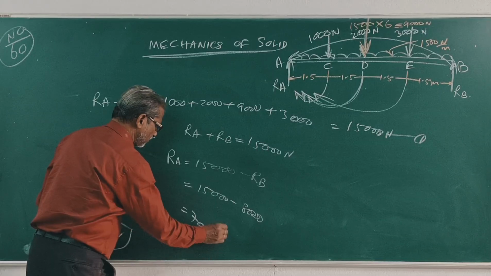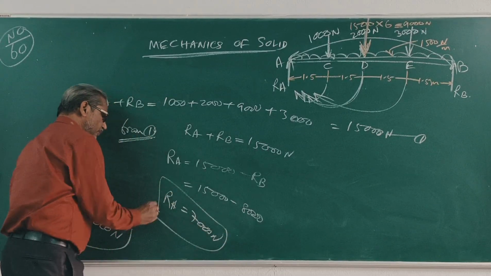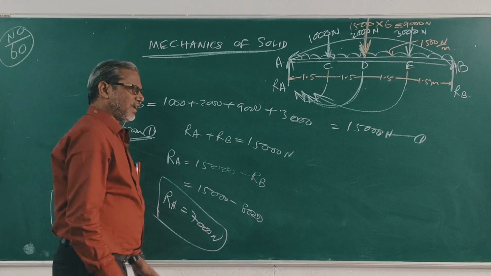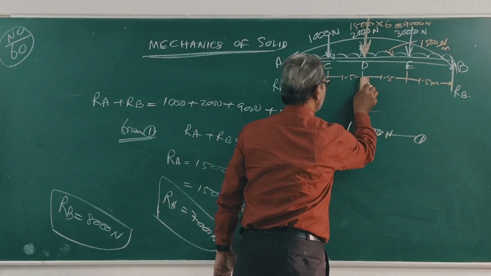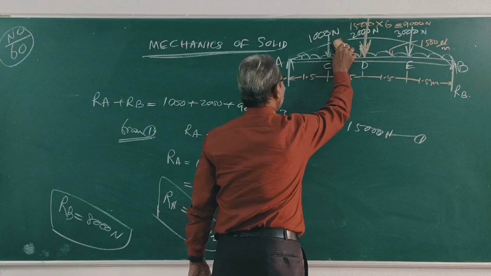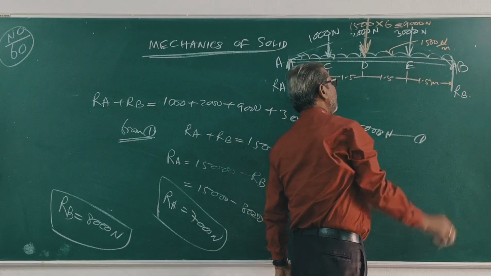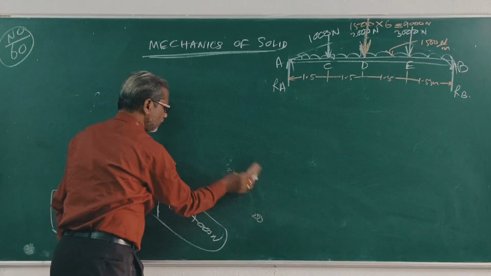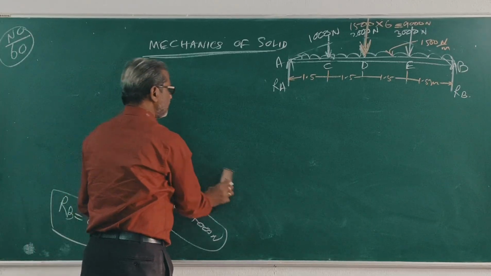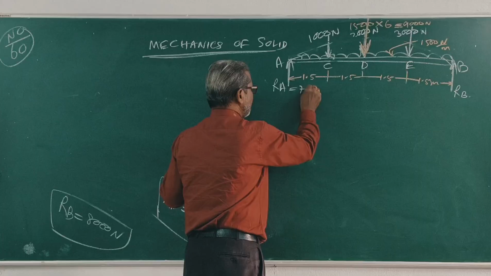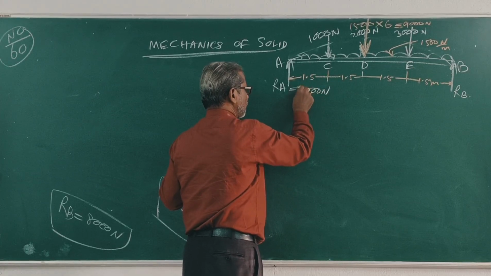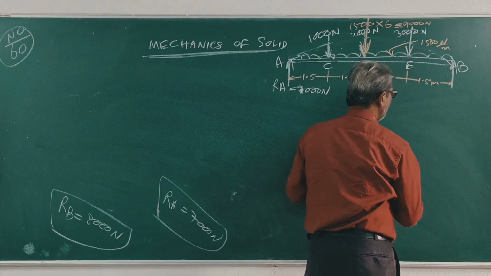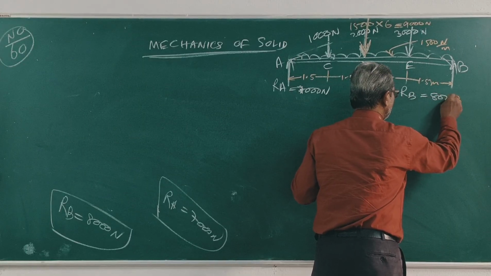So RA is equal to 7,000 Newton, and RB is equal to 8,000 Newton. Right?